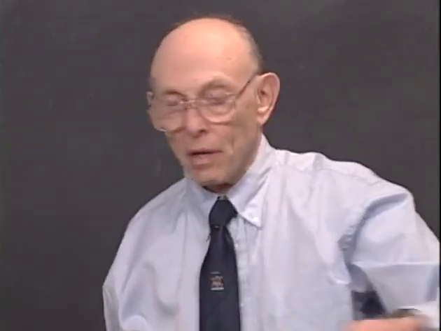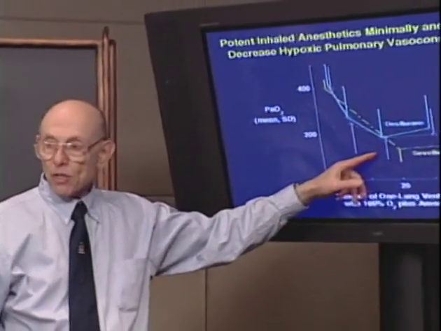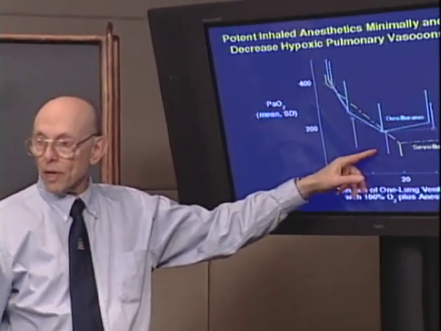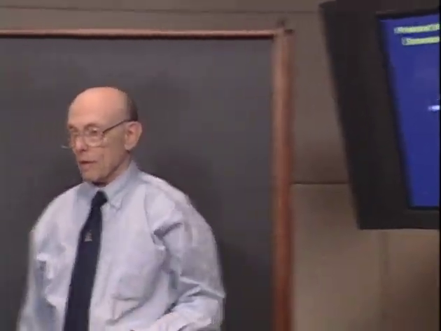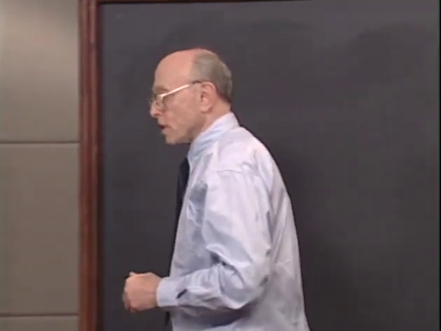Oxygen delivery and oxygen content. That is, this difference changes the amount of oxygen that's dissolved, but that change is very small. So that indeed suggests that the effects of the potent inhaled anesthetics on hypoxic pulmonary vasoconstriction would be very small.